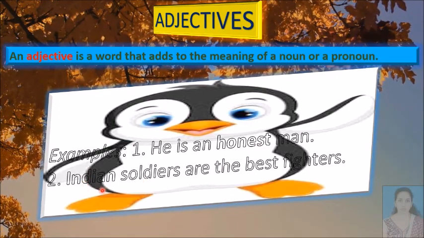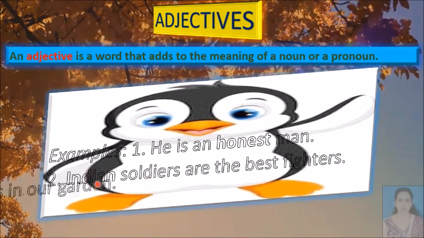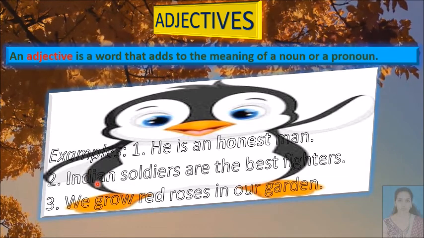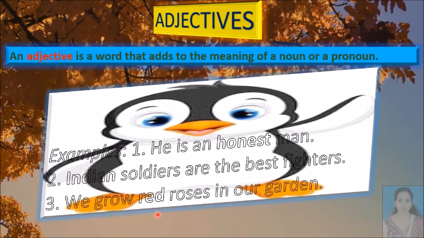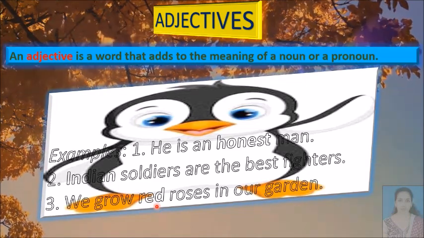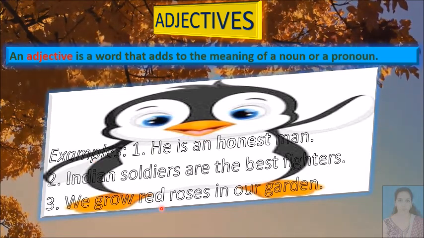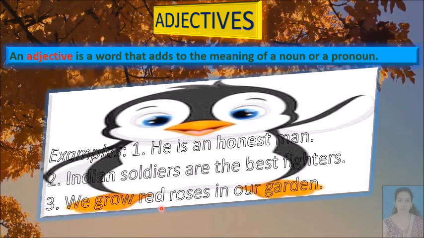Indian soldiers. So Indian is an example of adjective. We grow red roses in our garden. Which type of roses? Red roses. So here, honest, Indian, and red are examples of adjectives.